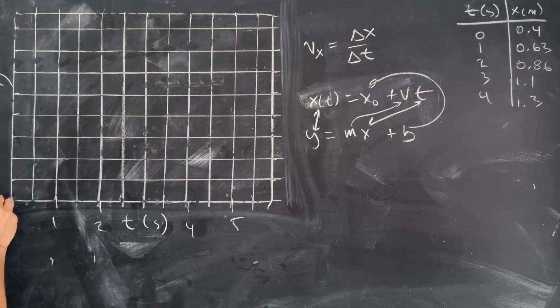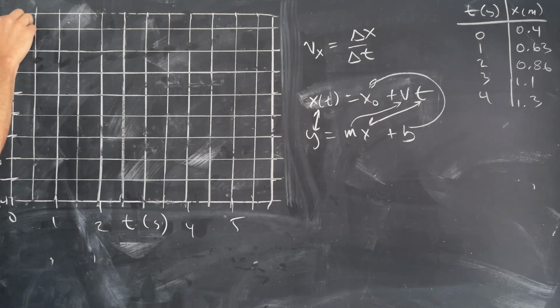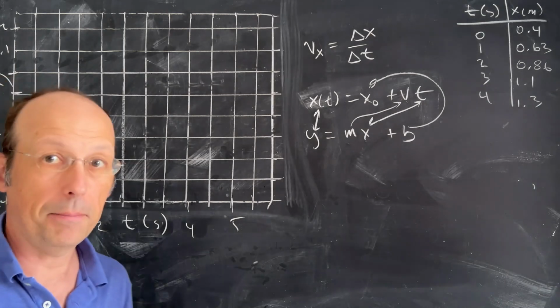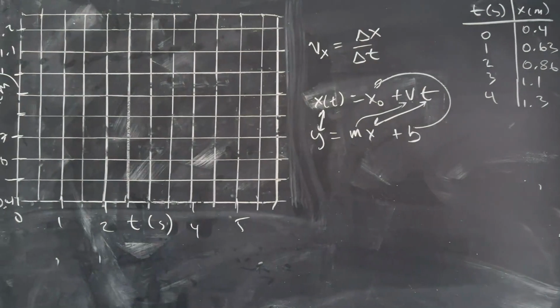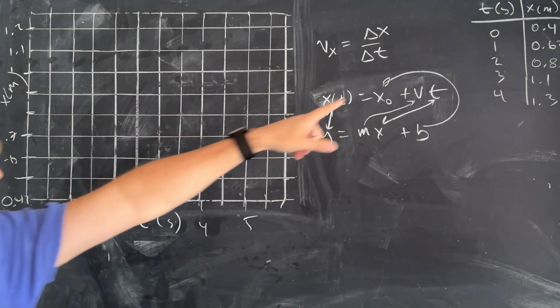So if this is 0.4, 0.5, 0.6, 0.7, 0.8, 0.9, 1, 1.1, 1.2, and then we'll just squeeze in that other one up there. And you can't see that. There. Is that better? But I do have a label. Okay, so that's important.